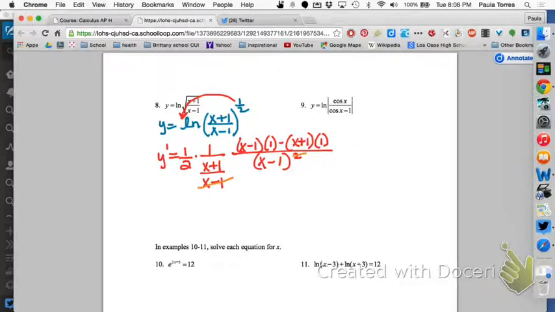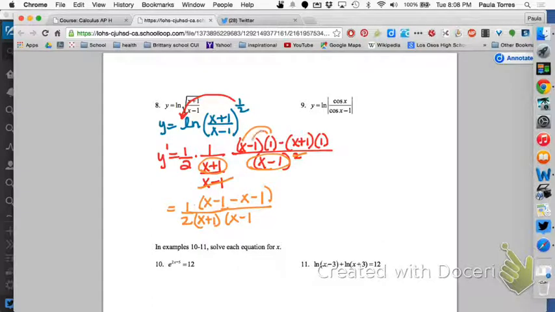there. And so now when I simplify, I still have the x plus 1 and an x minus 1 on bottom, here and here. And on top, I'll have x minus 1 minus x minus 1.